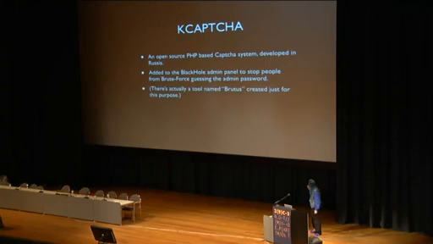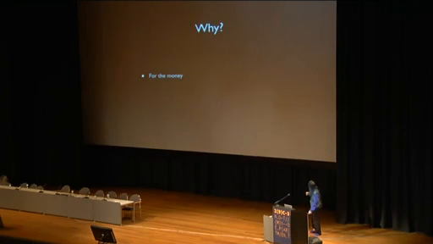When I was translating the Russian announcement, it said Brutus, and I'm like, does that mean brute force or something? And it's like, no, there's an actual tool named that. So why? Well, the money, basically.